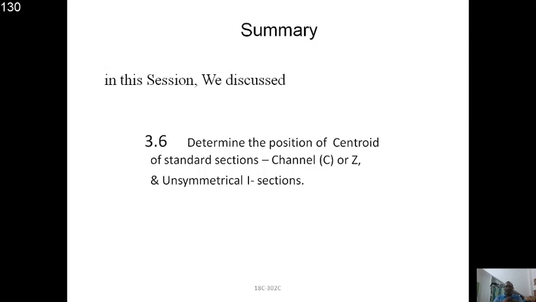We also noticed that the centroid of the channel section is outside of the shape, and similarly for the jet section, it is located within the web portion. It should also be examined whether it is the same for the jet section of different dimensions, so practice it yourself and get the same statement. Thank you.